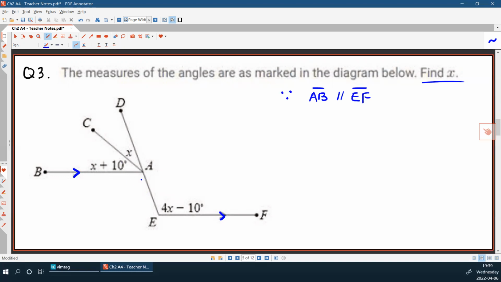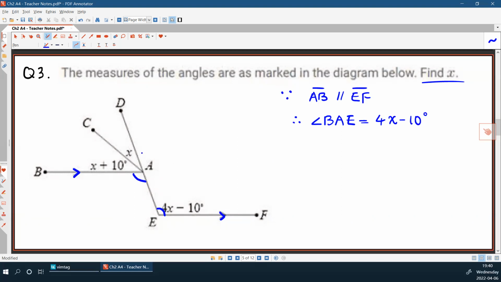Because these two lines are parallel, this angle here and this angle here are alternate interior angles, and alternate interior angles are congruent. Therefore, angle BAE equals 4x minus 10 degrees. Can you follow me? Yeah.